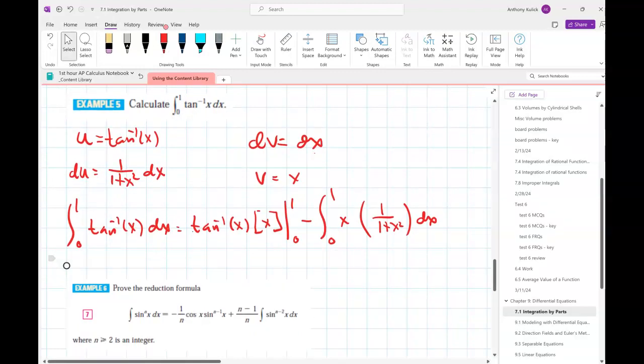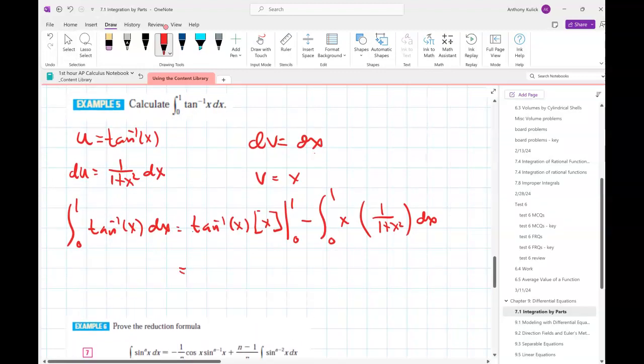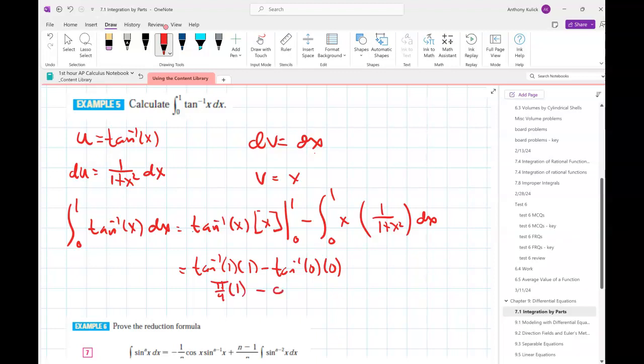Okay. So we have tan inverse of 1 times 1 minus tan inverse of 0 times 0. So that just becomes pi over 4 times 1 minus 0. Then how are we going to do this piece?